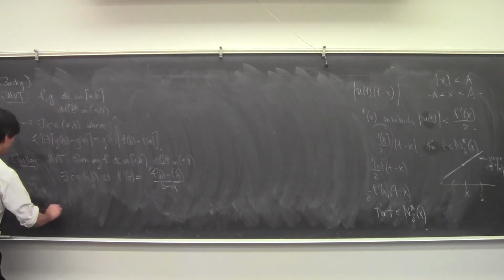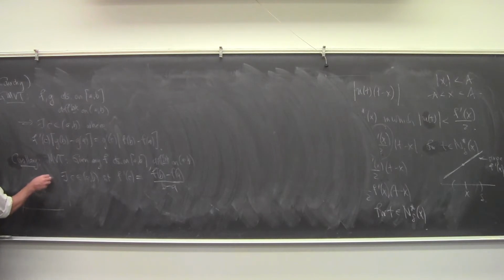This one you saw when you were younger, right? You're guaranteed a place where the instantaneous slope equals the average slope.